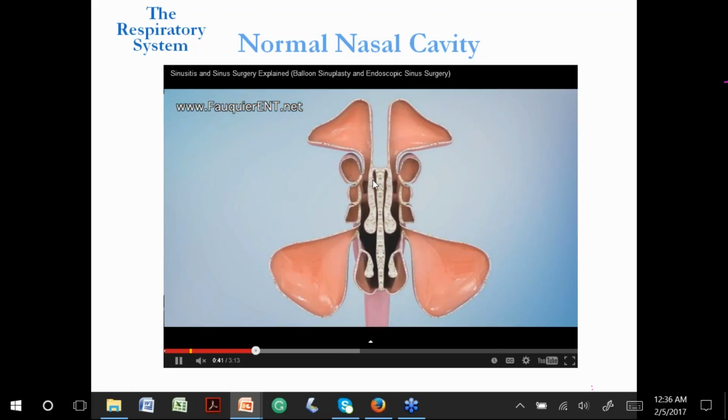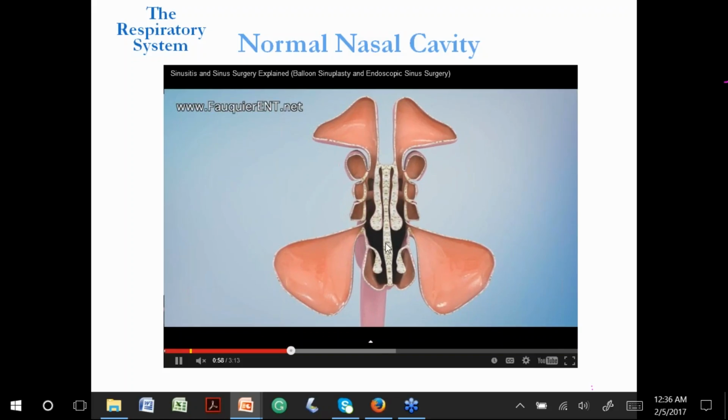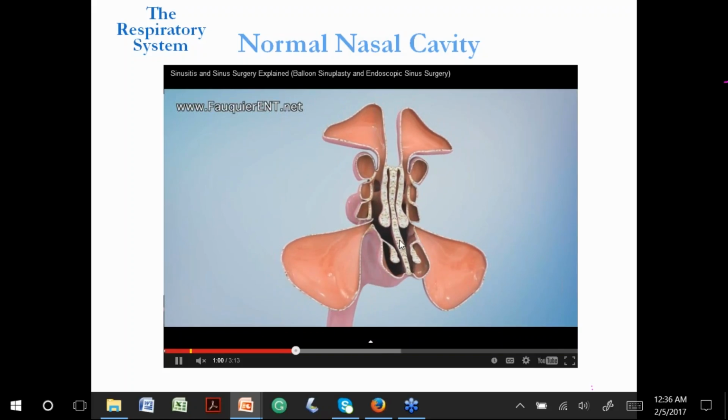So here we have the septum, we have the turbinate. Here you can see the flow of the air and fluid that can drain from the frontal, this is the maxillary, into the nasal cavity. Okay, and they are going to drain there into this area.